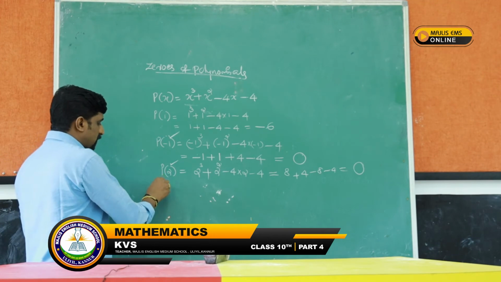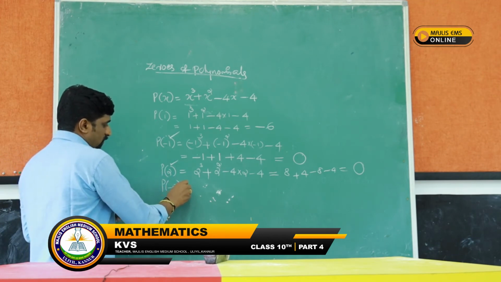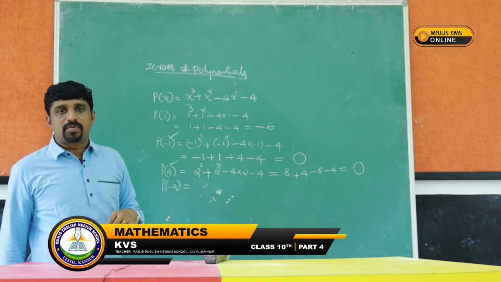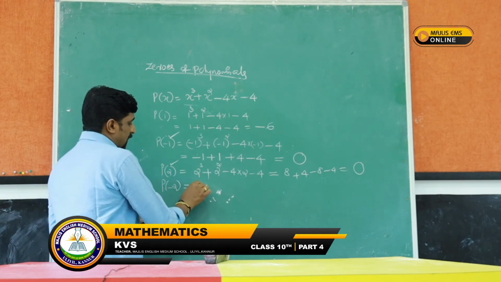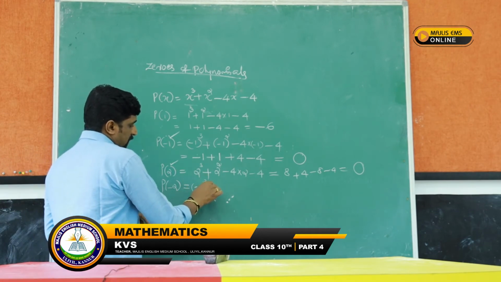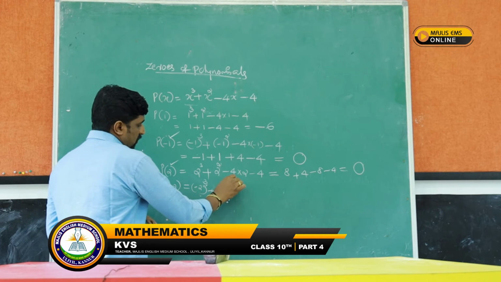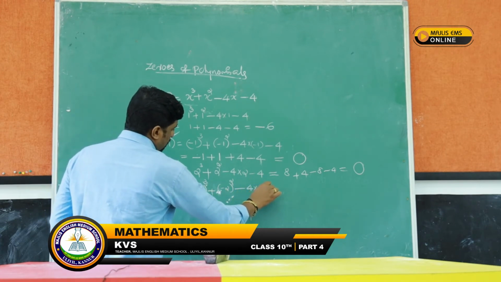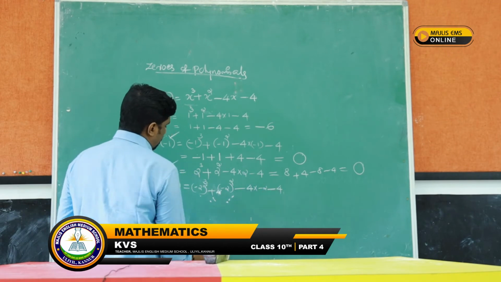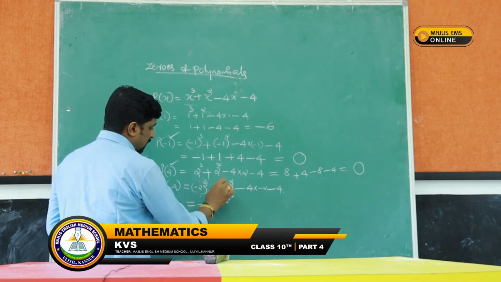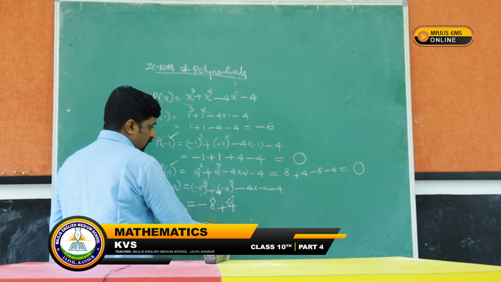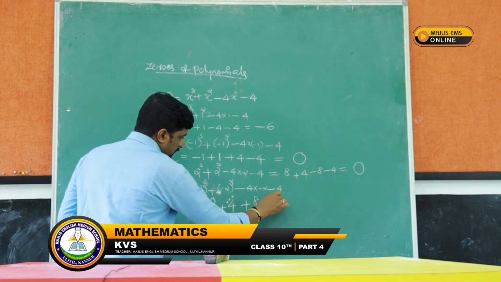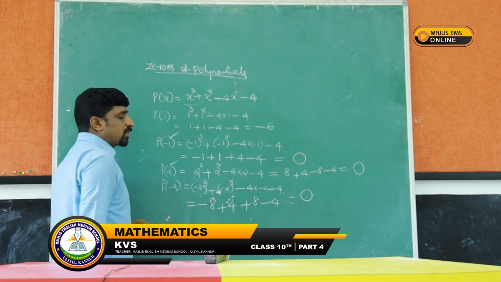And one more we can check, p of minus 2. Therefore, minus 2 cube plus minus 2 square minus 4 into minus 2 minus 4, that is minus 8 plus 4 plus 8 minus 4, that again we got 0.